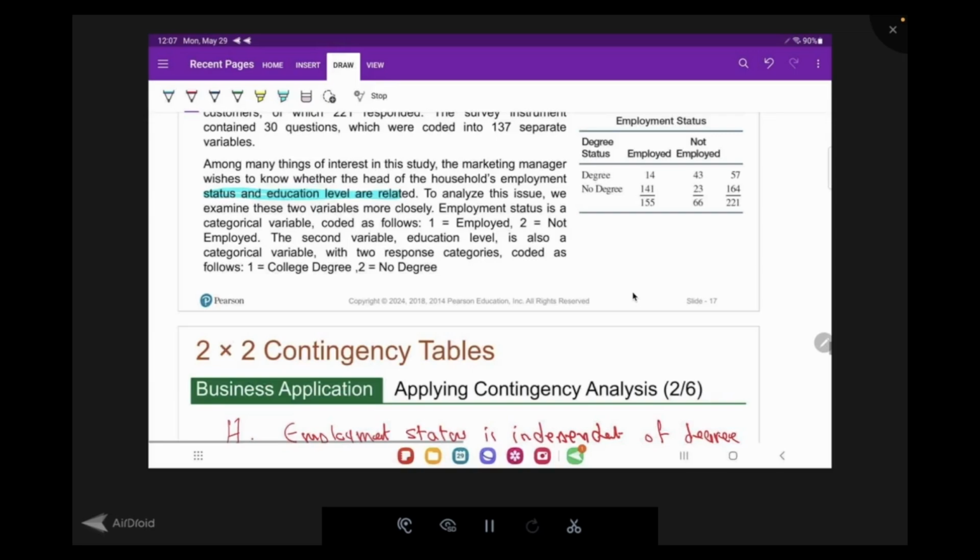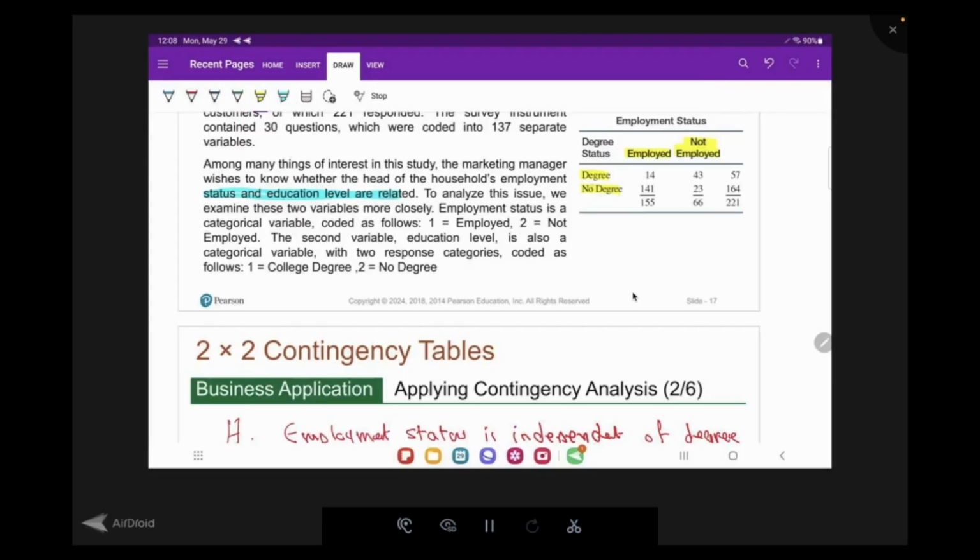So what did he do? We have 2 variables. Employment status takes categorical values: employed, not employed. The other variable is degree status, which also has categorical values: has a degree, doesn't have a degree. After that, we took a sample and counted these from the survey.